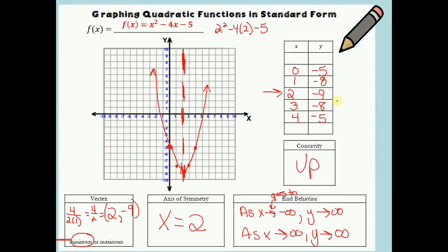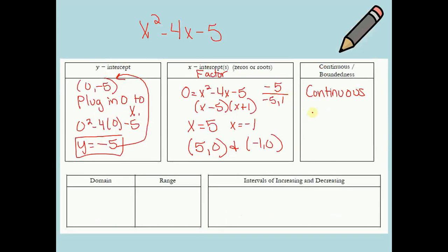If I look at this graph, it's definitely not bounded above, right? There's not an upper bound on this graph. There is a lower bound though. I can only get so low, and that low is negative 9. So I would say that I am bounded below.